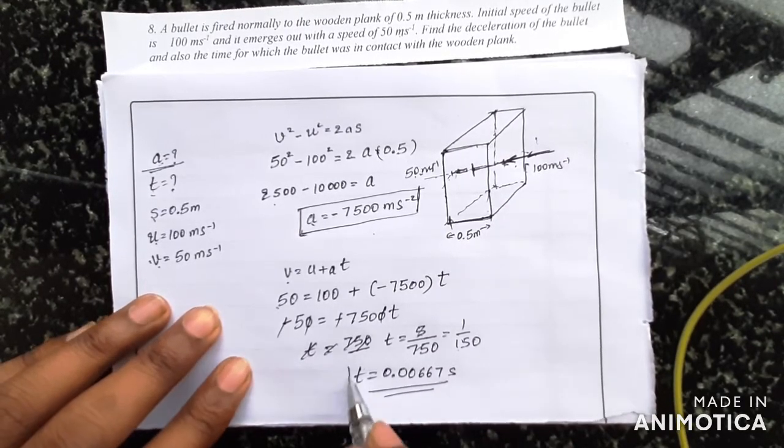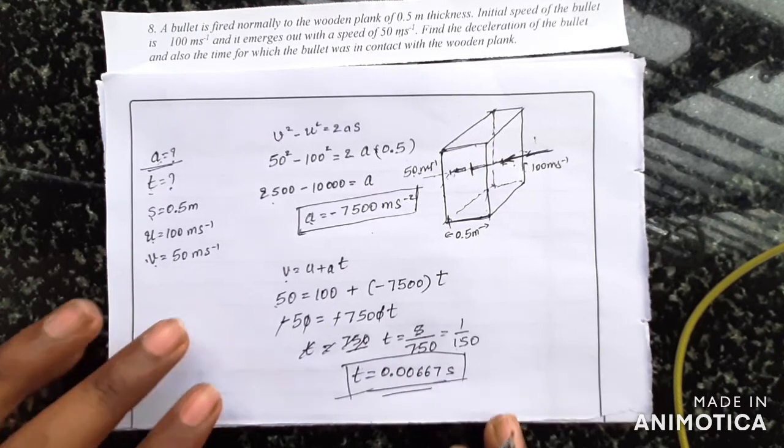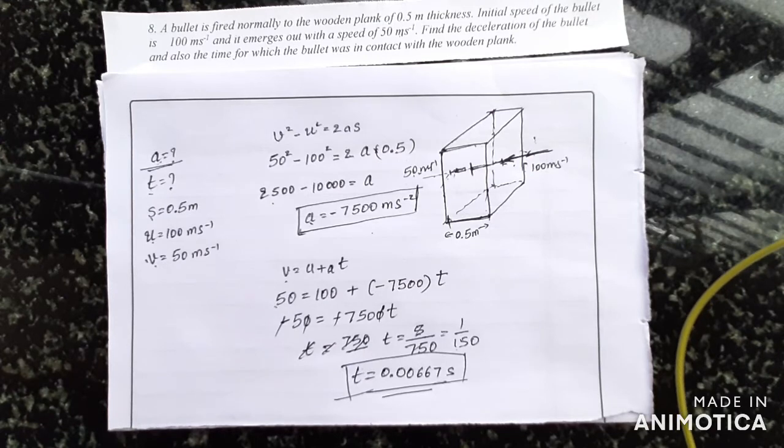Very small time. You can make use of a calculator to find this. So the time for which the bullet was inside the wooden plank is 0.00667 second. That's it. This is the 8th question.